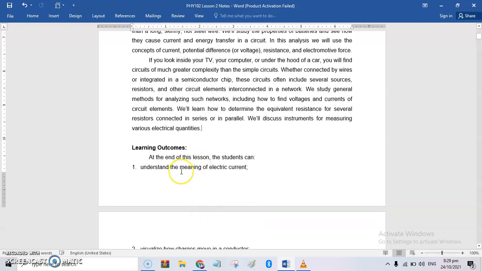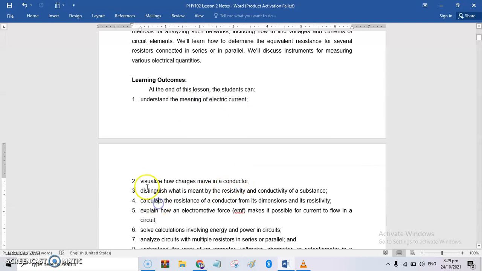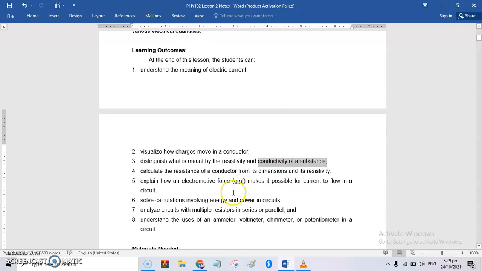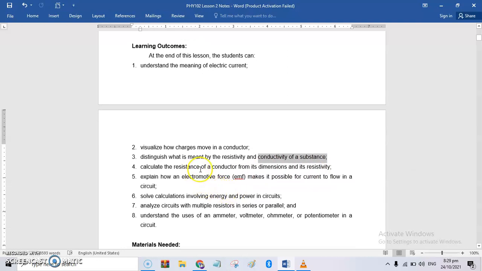As for the learning outcomes, at the end of this lesson, you will understand the meaning of electric current. You will visualize how charges move in a conductor, and distinguish what is meant by resistivity and conductivity of a substance. Calculate the resistance of a conductor from its dimensions and its resistivity.